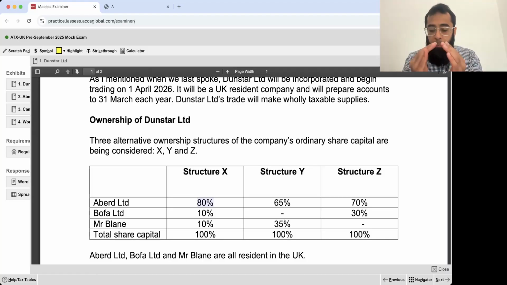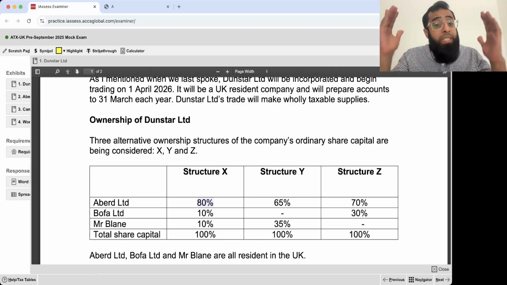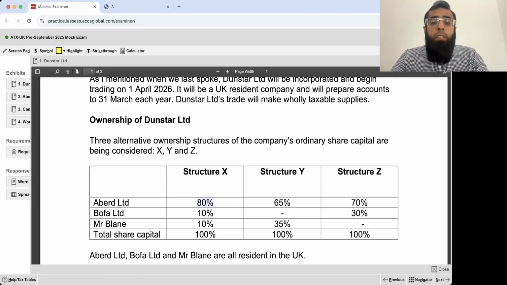Abrid, BOFA, and Mr. Blaine own Dunster Limited, so it's a direct subsidiary. So in structure X, Dunster Limited will become a group company with Abrid Limited, in both a capital gains group and a 75% group.